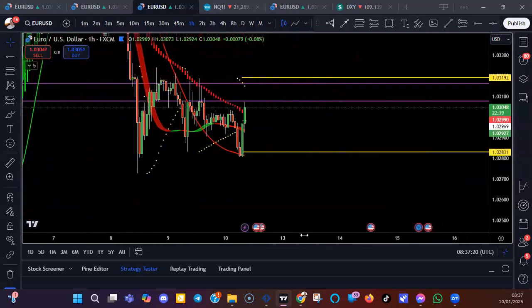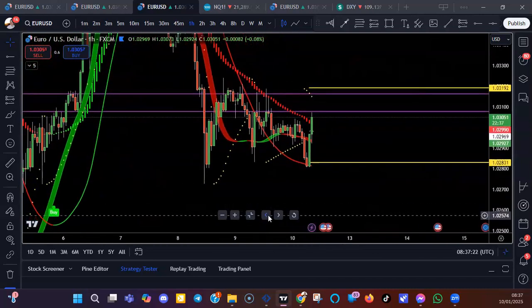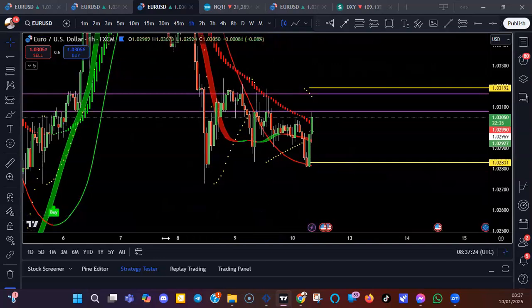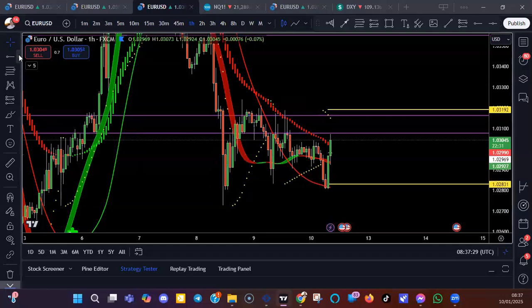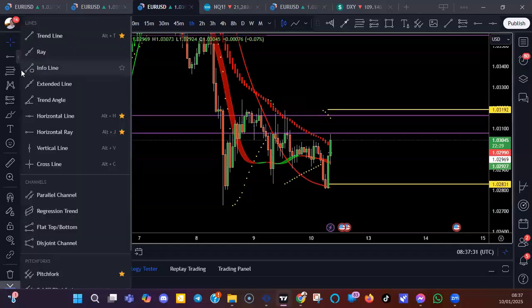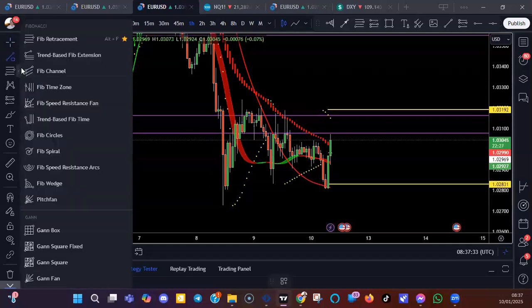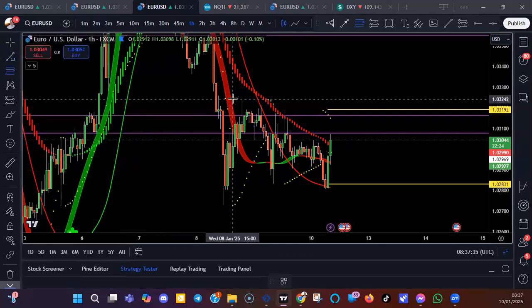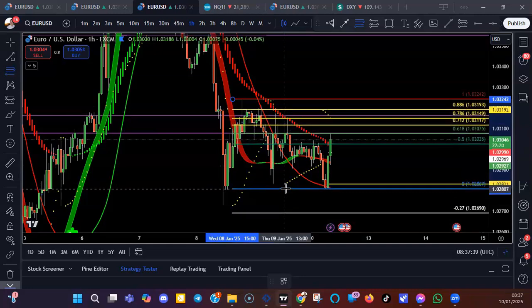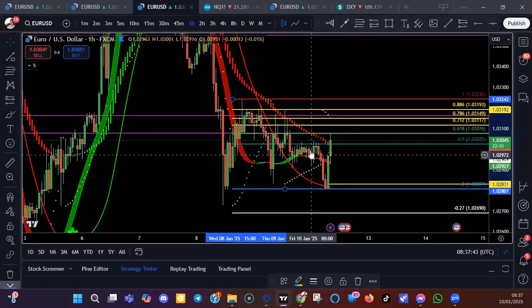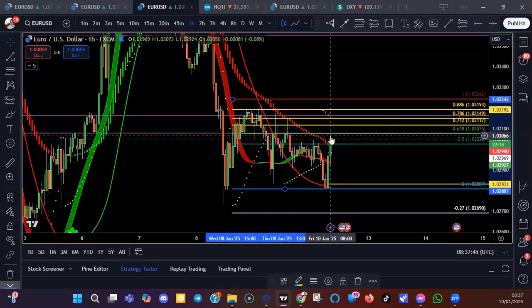On the hourly chart now. And let's just go from the high point there to the lowest point there. That's interesting. There is 61.8, which is an important area.